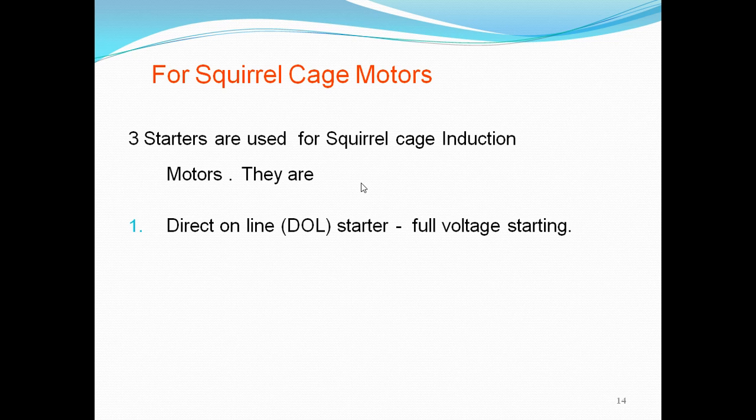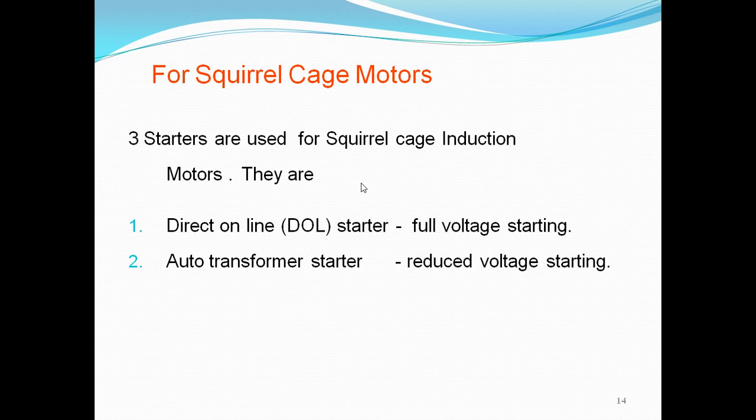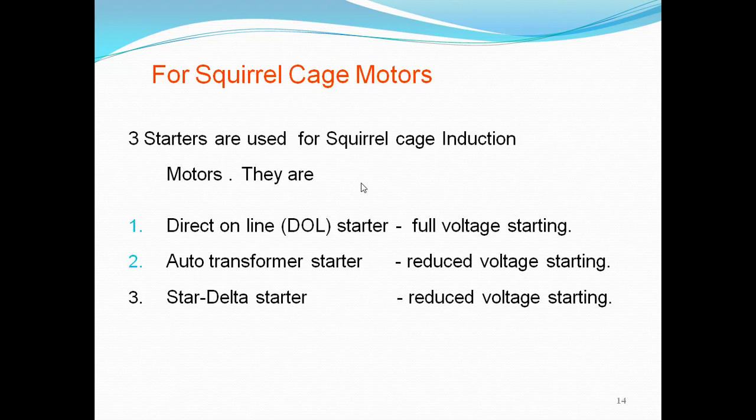The first one is the DOL starter. In this case, full voltage is applied. The next one is the auto transformer starter, which applies reduced voltage to start.